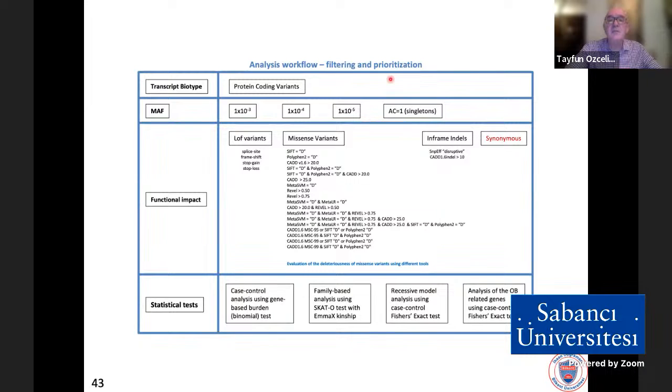This is our filtering and prioritization workflow, using variants with a minor allele frequency cutoff of 10 to the -4, and we use different filtering approaches for missense variants.